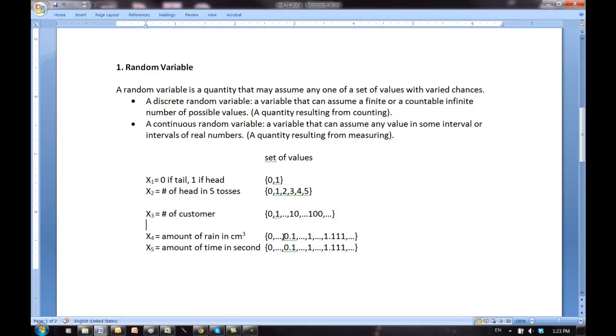However, if we try to count the distinct values that sandwich between 0 cubic centimeter and 0.1 cubic centimeter, then we'll find out there are infinite possible values between these two values.